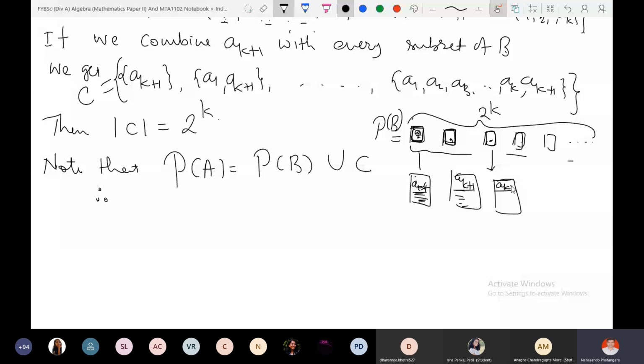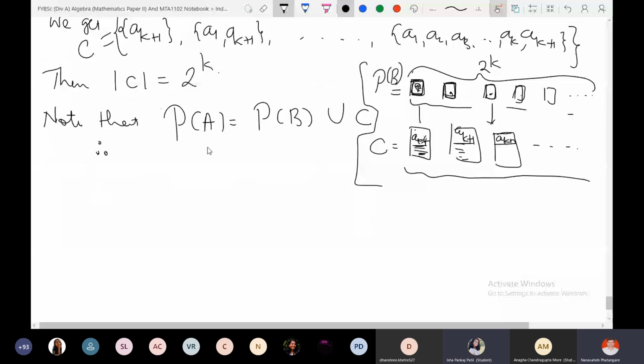So after all, this is C. And how many new boxes are there? Same, 2 raised to k, right? Therefore, the cardinality of C is also 2 raised to k. Is it clear now? Yes, sir. Thank you. Fine. And these sets are disjoint, no element is repeated.